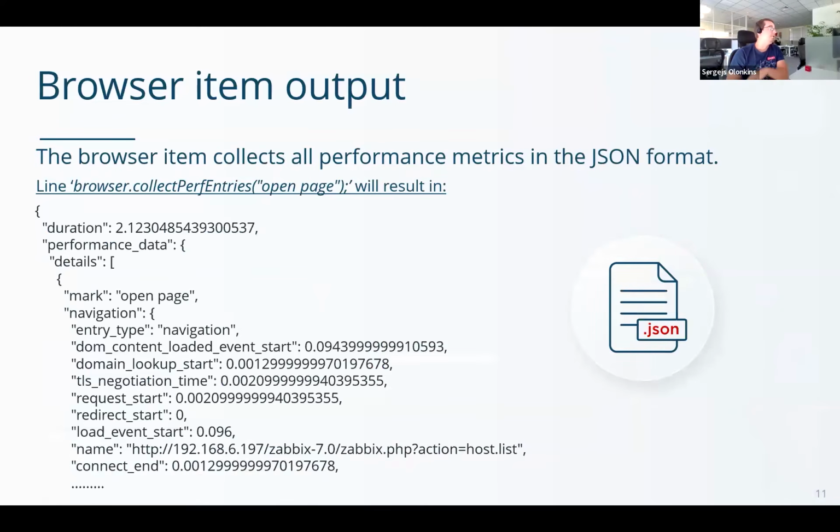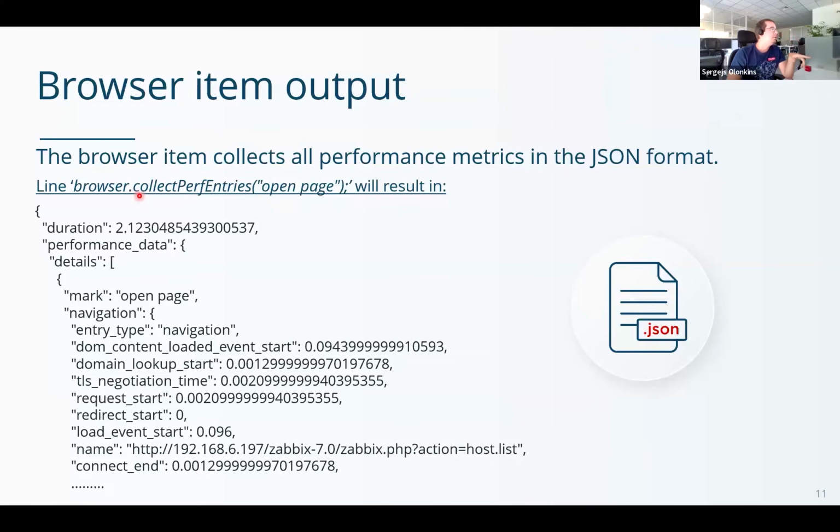Now, as I've mentioned previously, the browser item is capable of collecting the browser-provided performance metrics. To do so, you need to use the collect perf entries method. This method has one parameter, which is called mark, and which is used to give a name to the performance metrics that were collected at some certain point of your script execution.